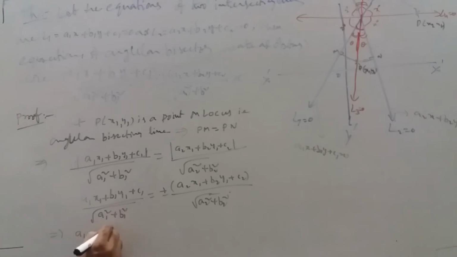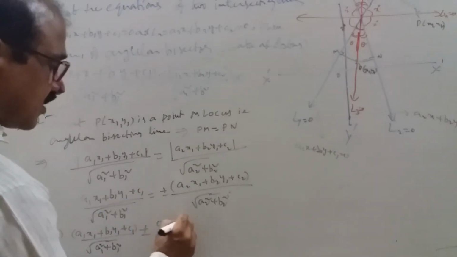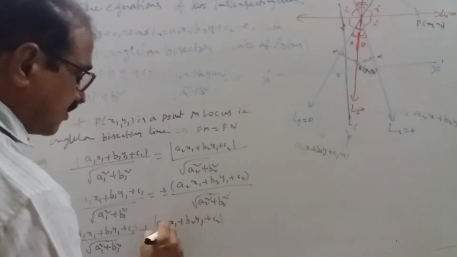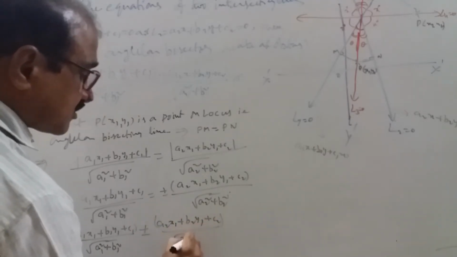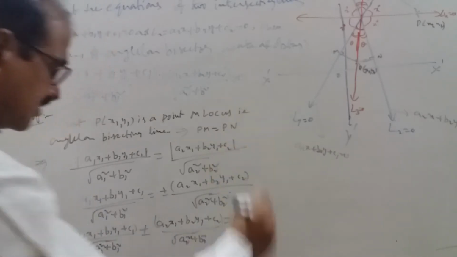a1x1 plus b1y1 plus c1 by root of a1 square plus b1 square, plus or minus a2x1 plus b2y1 plus c2 by root of a2 square plus b2 square, should be equal to 0.